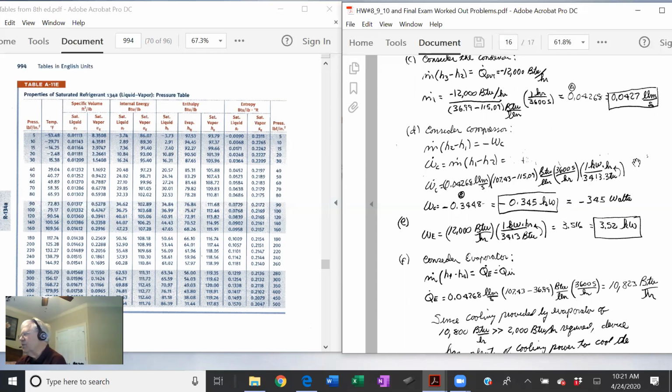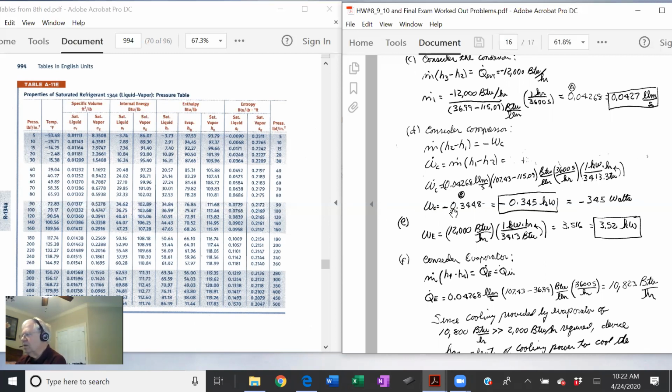I have this conversion factor in my conversion sheet that 1 watt is 3.413 BTUs per hour. So I just in my head say that 1 kilowatt is 3413 BTUs per hour. And for the BTUs per hour, I stick the hour up here to make it easier to see what cancels.